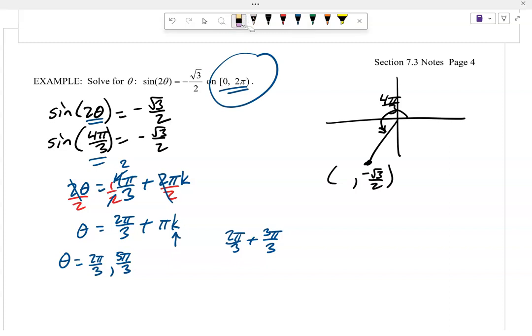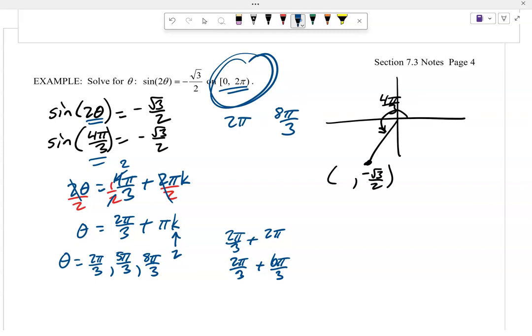Now if we let k be 2, we'll have 2 pi thirds plus 2 pi, or 2 pi thirds plus 6 pi over 3. That's 8 pi over 3. Well, that's bigger than 2 pi, because 2 pi is 6 pi thirds. So that's too big. So we know these two are good to go.